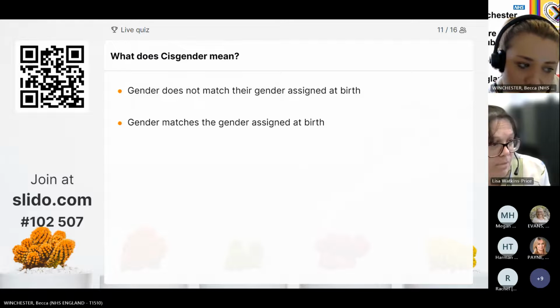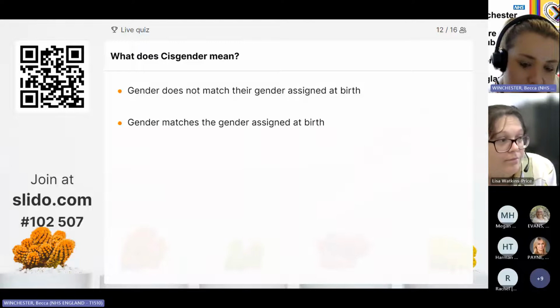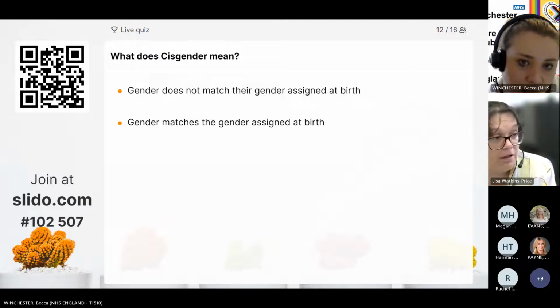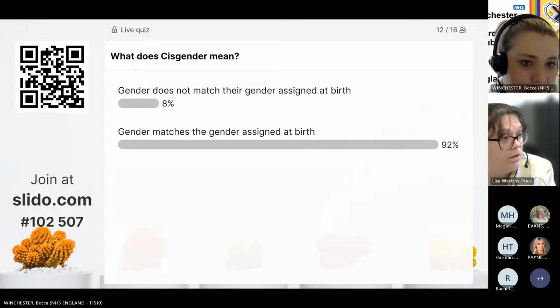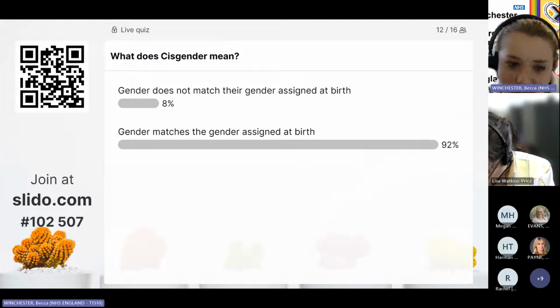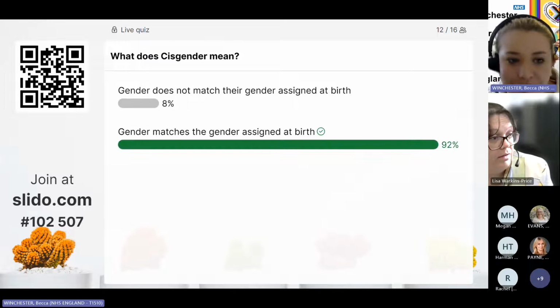Okay, I'm going to move this one on in just a few seconds. If you're not quite there yet, pop your answer in. These are very consistent figures. 92% were correct.